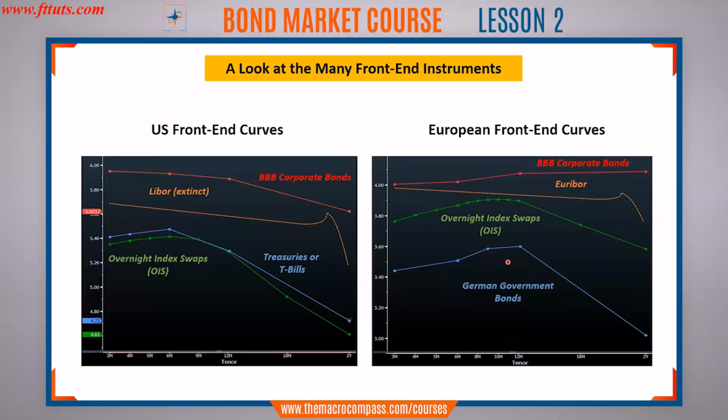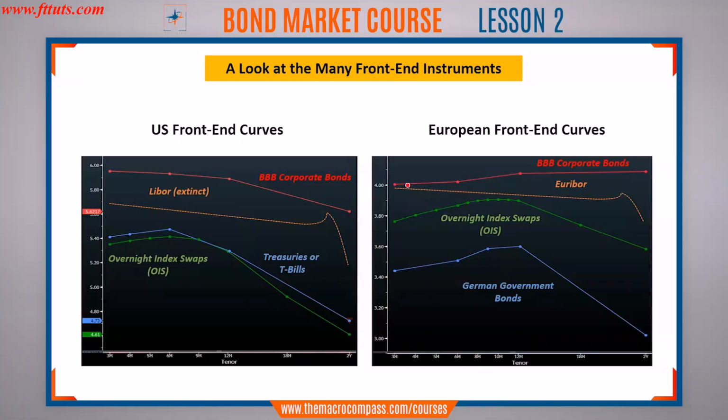German government bonds yield much, much less, several basis points less than overnight index swaps. Of course, German government bonds are considered to be the benchmark AAA safe collateral in Europe. But contrary to T-bills, which basically yield very, very close to overnight index swaps, in Europe there is a big premium between German government bonds and overnight index swaps. Both are risk-free, but German government bonds yield less. Therefore, there is a premium. We will explain why that is the case. This is the only big difference.